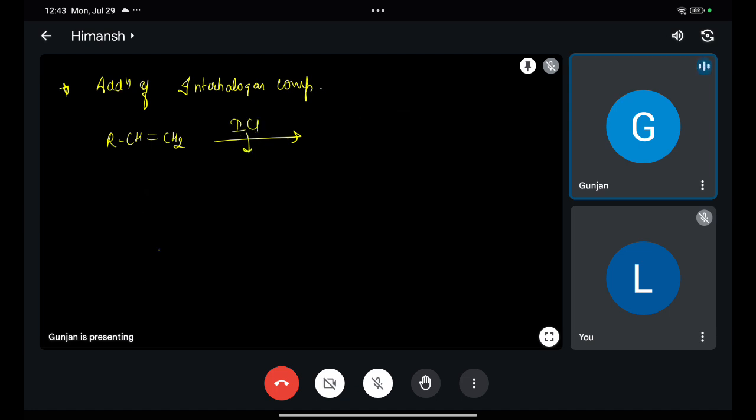In this ICl, tell me which is positive and which one is negative. Ma'am, Cl will go to that RCH carbon, and I minus will attack the other. Not I positive. Correct, no? Yes, ma'am, I positive.